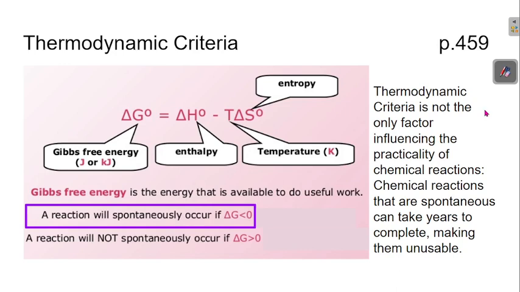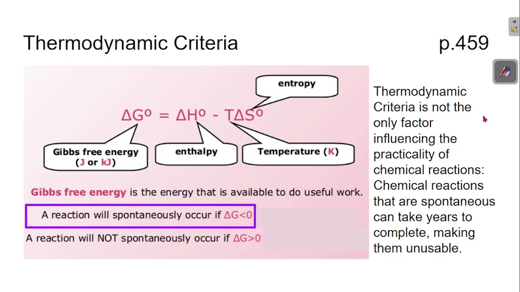So here you go. Thermodynamic criteria, meaning Gibbs free energy, enthalpy, and entropy, is not the only factor influencing how practical the chemical reaction is, because some of them can take years to proceed, and that for us is not good if we want to create whatever product we want to create.